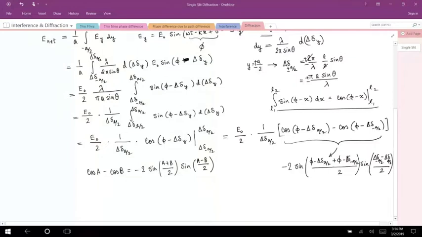One more thing to notice is that, remember, delta delta of a over 2 and delta delta of negative a over 2 have opposite signs, right? As you can see over here. Because they have opposite signs, when I add these two together, they're just going to cancel with each other. So what I get from here looks just like 2 times sine of phi multiplied by sine of delta delta of a over 2.